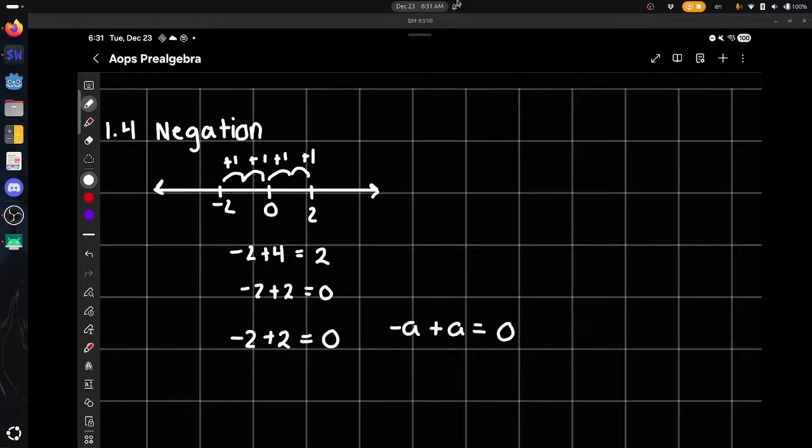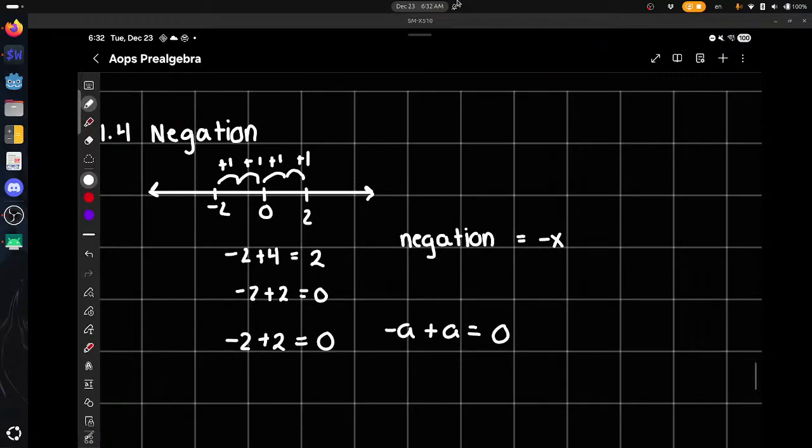Okay, so definition: the negation of a number x, written -x. Negation is when we have a variable x and we put a minus sign, but it's just a negation symbol. So this is the opposite of x. If we want to get to 0, we do -x plus x, which will always give us 0.